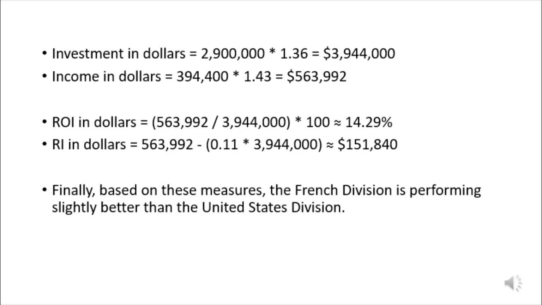However, the French division has a slightly higher return on investment compared to the United States division. In terms of residual income, the French division has a higher RI both in euros and in dollars compared to the United States division. To sum up, based on these measures, the French division is performing slightly better than the United States division.